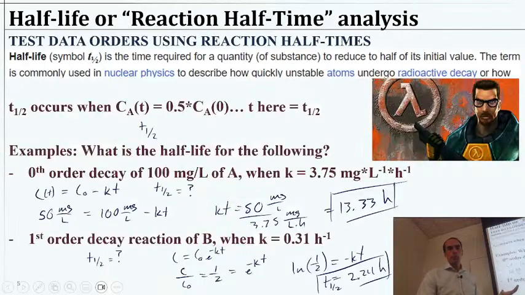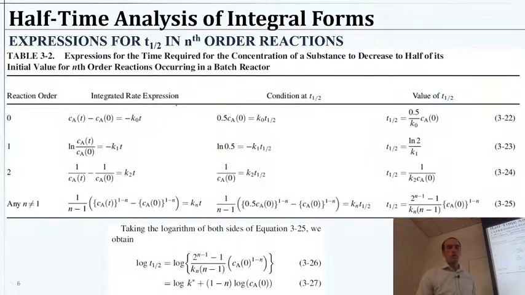That's literally where we got to just by saying, okay, we start with C equals C naught minus KT, subtract C naught from both sides, but one is half of the other, so we end up getting just half of C initial as our ending condition is equal to K times t1/2. Natural log for the first order: the natural log of 0.5 is equal to negative K t1/2.